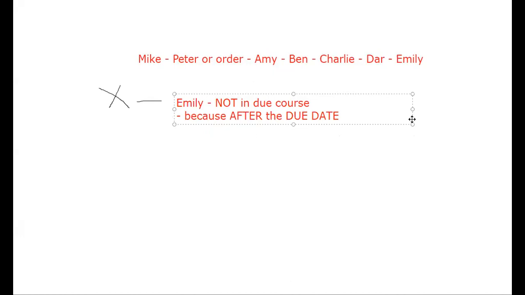In that case, you failed to receive it before the due date, so you are a holder not in due course. In other words, X was now able to adduce evidence that indeed Emily is a holder not in due course. That evidence presented by X is now enough to overcome the presumption that Emily is a holder in due course.